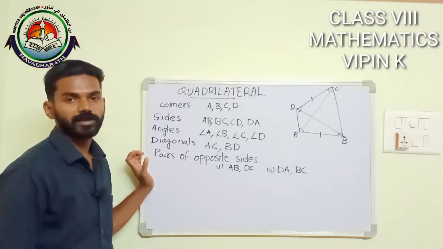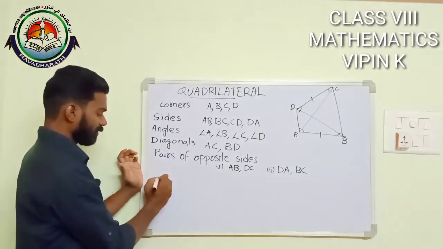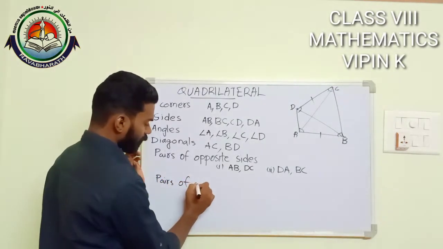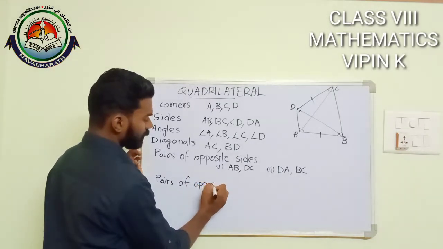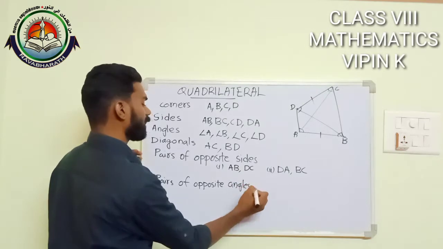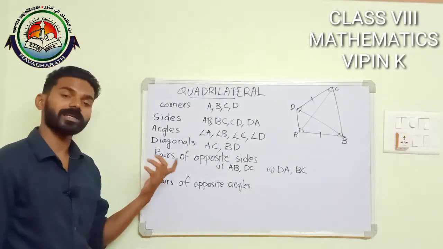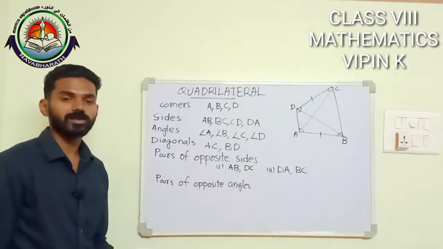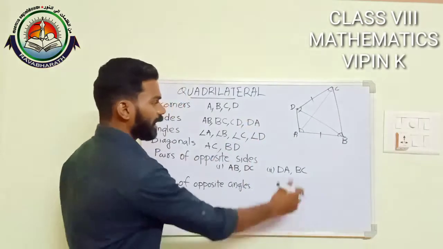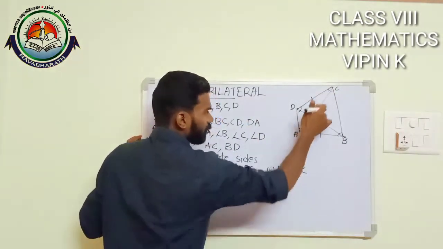Clear? Now another thing we are going to discuss is pairs of opposite angles. You can identify the opposite angles easily from this figure. Angle A and angle C are opposite.